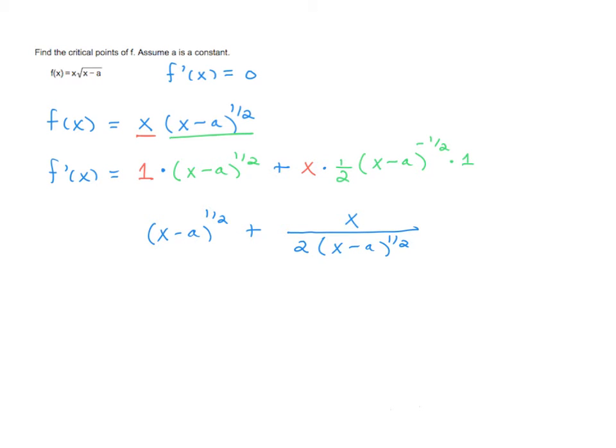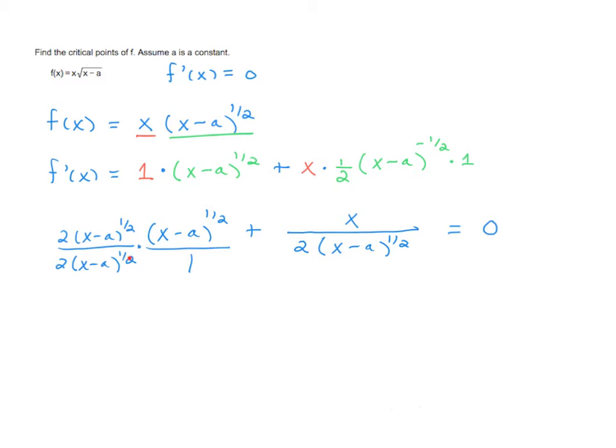So this thing. And specifically, we want to set this equal to 0 to solve for x. All right, let's see. I think maybe I'll get a common denominator, which essentially means I'm going to multiply this by this denominator in the top and the bottom. So I'm going to multiply by 2 times x minus a to the 1/2, and then by 2 times x minus a to the 1/2.